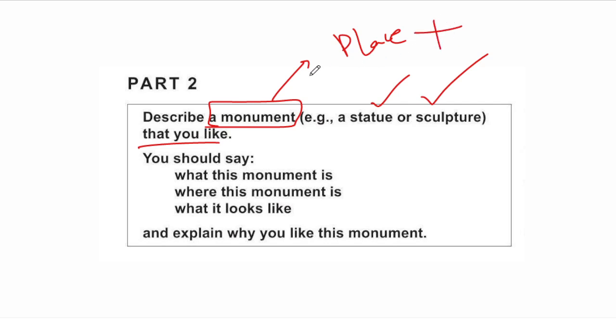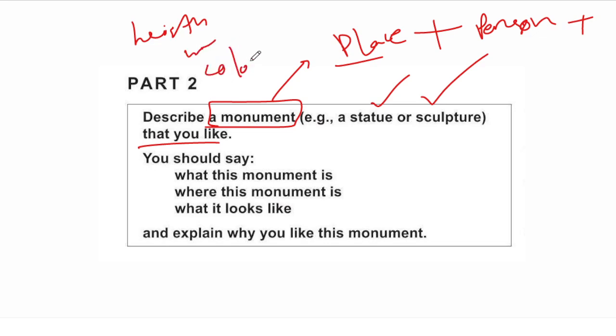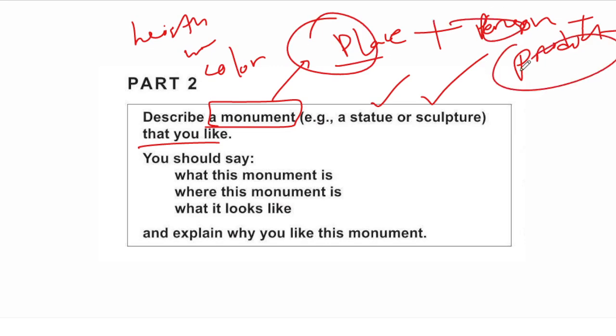If it is a statue of a famous person, then you can talk about a person. And a statue obviously has height, weight, and also color, right? You can also talk about the product. You can mix it up. You can mix place, person, and product when you're talking about a monument.